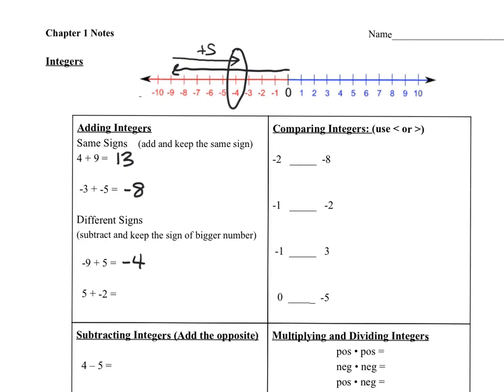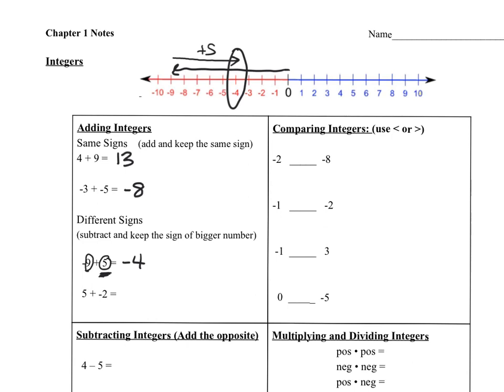Some people have a hard time remembering if that answer should be positive or negative when they add integers like that. And one of the keys is that if you look, the 9 is bigger than the 5. So the 9, since it's negative, is going to dominate this problem, making the final answer negative. There's not enough positive number here to cancel out with the negative 9.